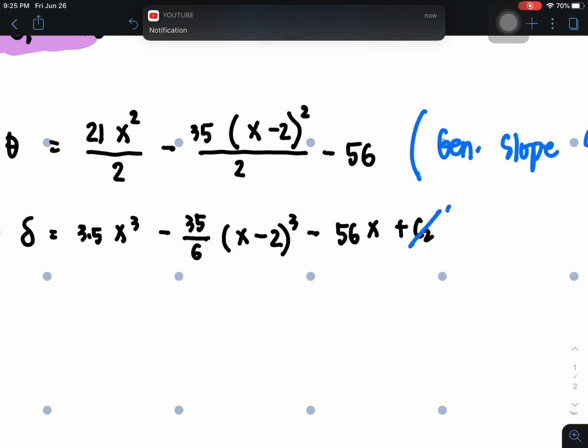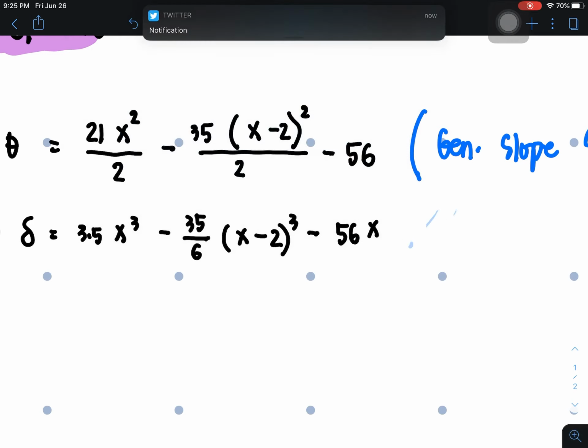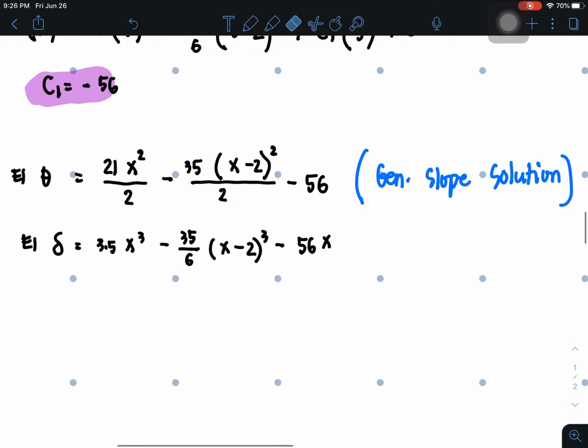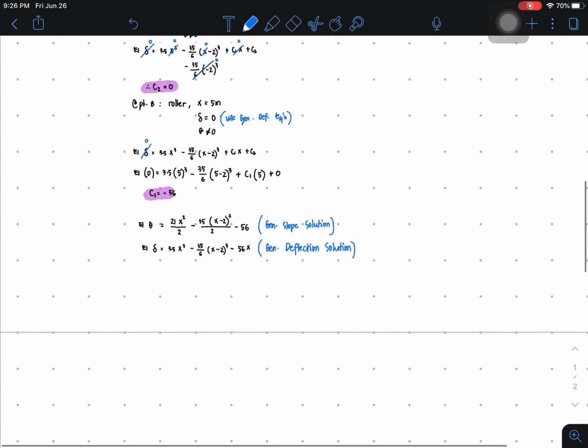C2 is 0, so we don't need to write it. And this is now our general deflection solution.